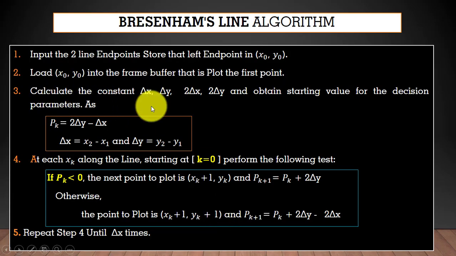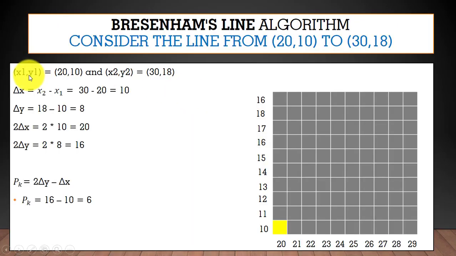Next step is we will calculate the constants, that is delta x, delta y. In order to calculate the decision parameter, we need the values of delta x, delta y, 2 delta x and 2 delta y. So consider the first point of the line is (20, 10) and the second endpoint is x2, y2, that is (30, 18).